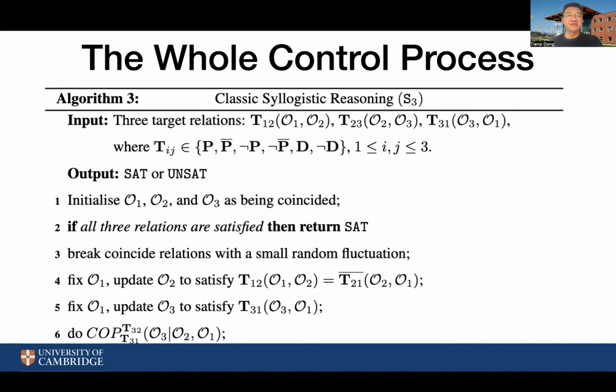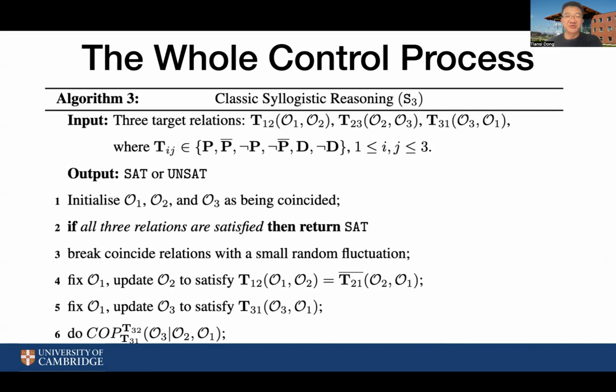And this is the description, so we can look at the whole control process. First, we initialize 3 spheres as being coincided. If this is a model, we find it. If not, we randomly break this coincidence relation by a small fluctuation. So the equal relation is excluded from the model construction process.